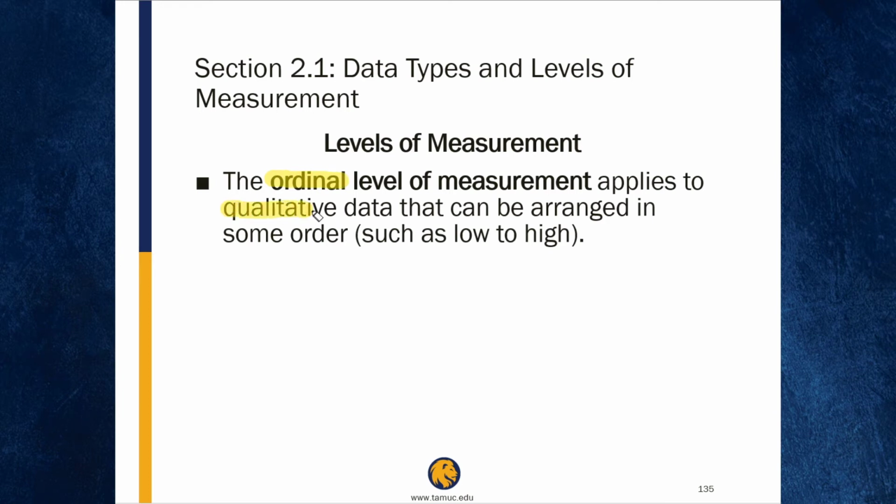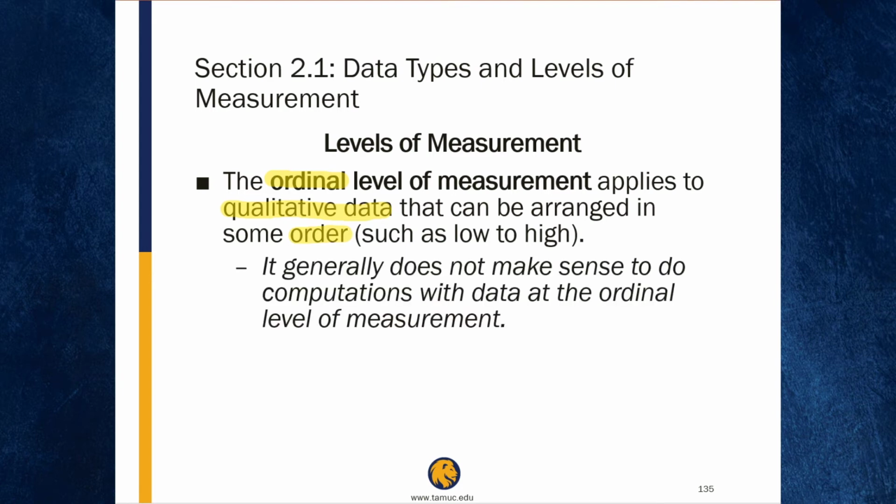And so again, this refers to qualitative data that can be arranged in some order, such as low to high. And so it generally does not make sense to do computations with data at the ordinal level of measurement. And again, that's because it's not really a numerical measurement. It's still a qualitative rather than quantitative measurement.